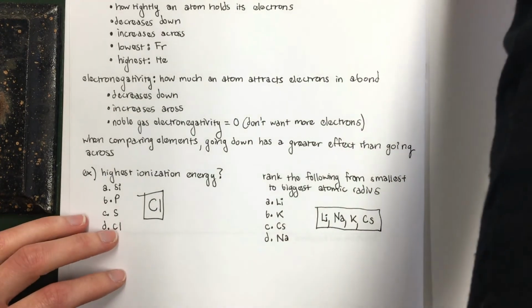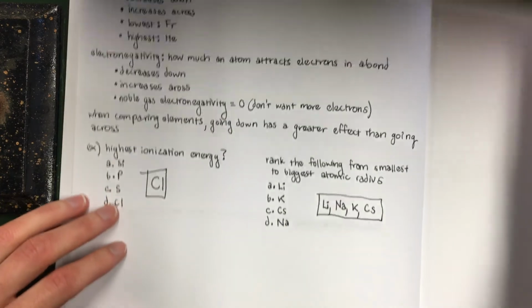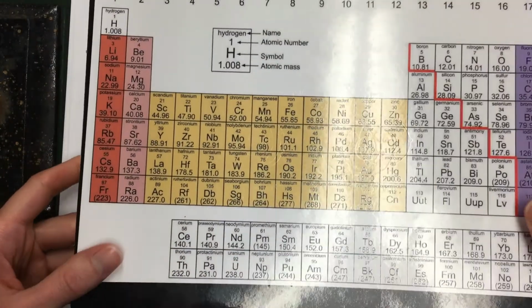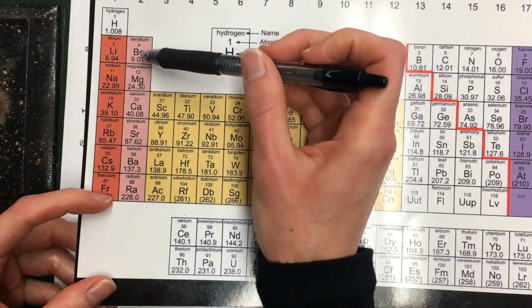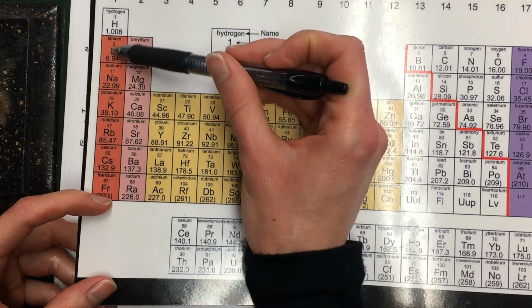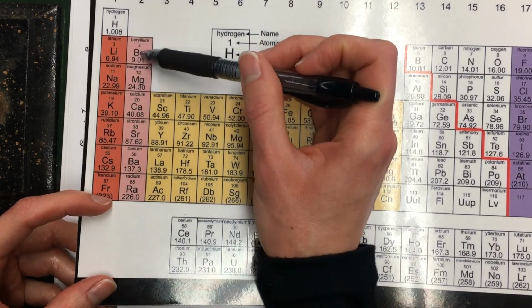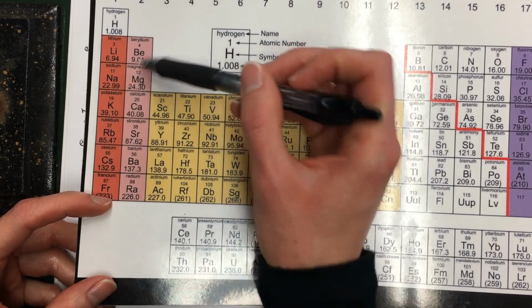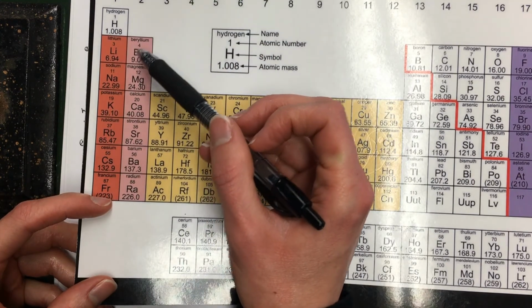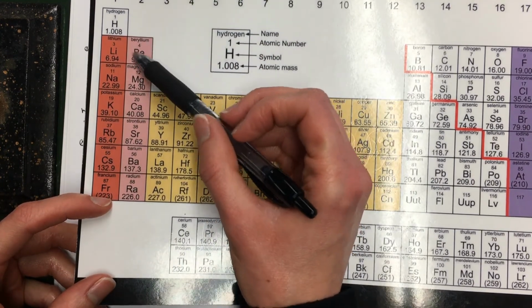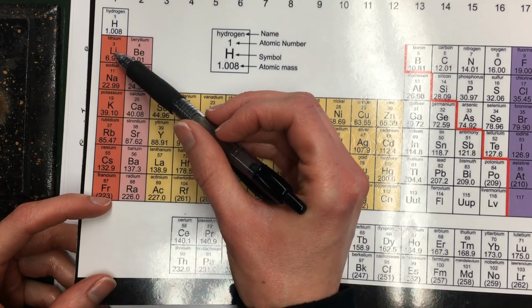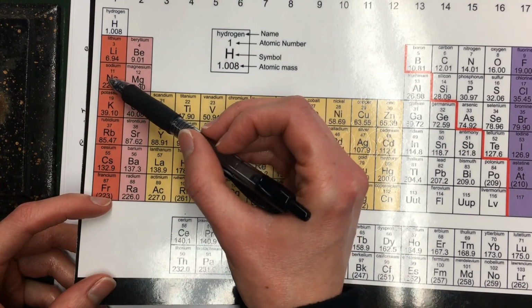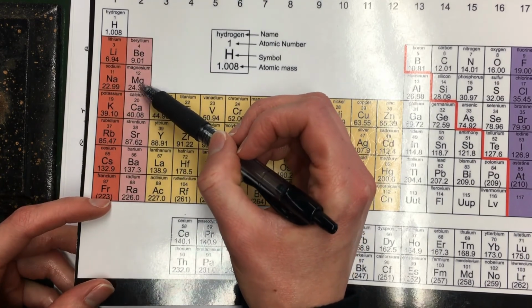Okay, and then let me just show you an example on the periodic table. I'm not going to write this down, but sometimes we'll ask you questions about four elements that are in a square. So let's say I wanted to figure out the highest electronegativity element of these four: lithium, beryllium, sodium, and magnesium.